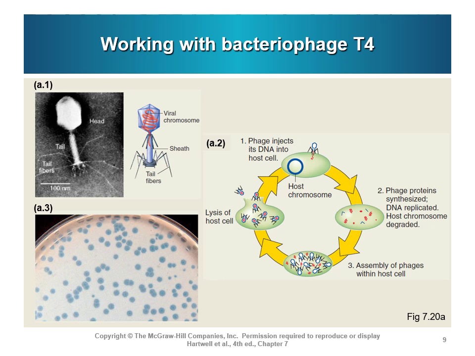There is the representation of the cell cycle, of how the phage injects its DNA into the host cells, and then a second step of the cycle where the phage proteins are synthesized, DNA replication takes place, host chromosomes degrade, and then the assembly of the phage within the host cell, and finally the lysis of the host cell.